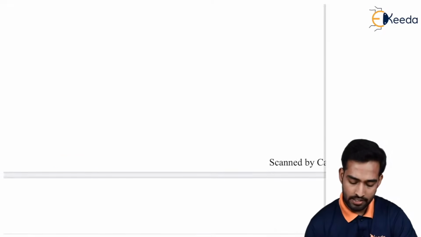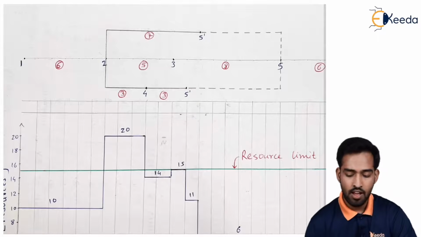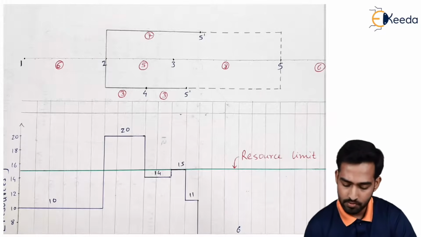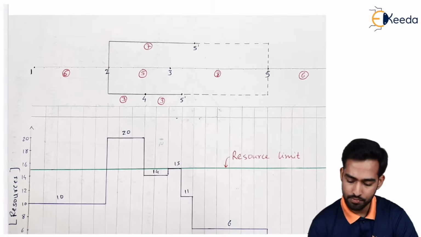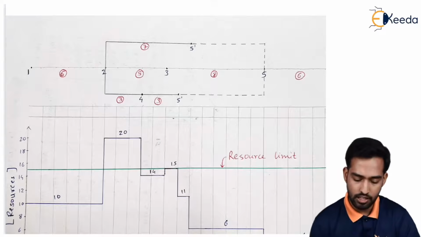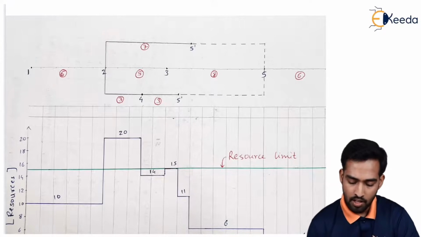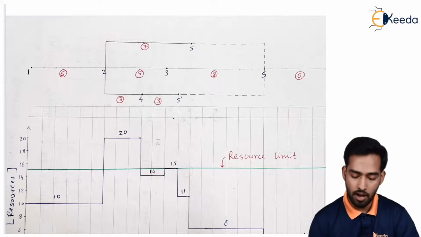So on the next slide, as you can see, I have drawn this for your convenience. In total we have 25 days, starting from day 1 to the 25th day. First of all, focus on the upper portion.